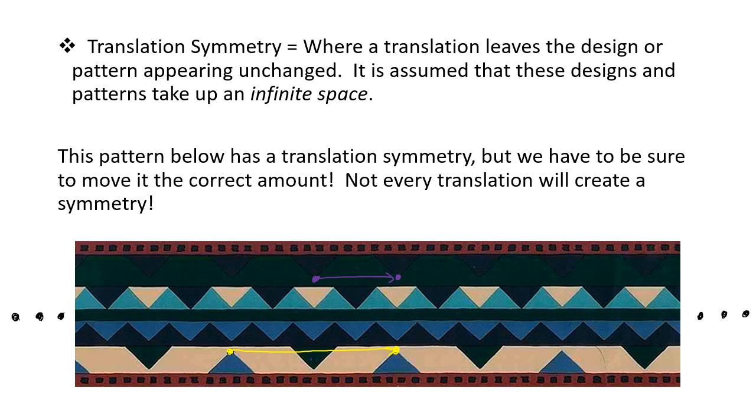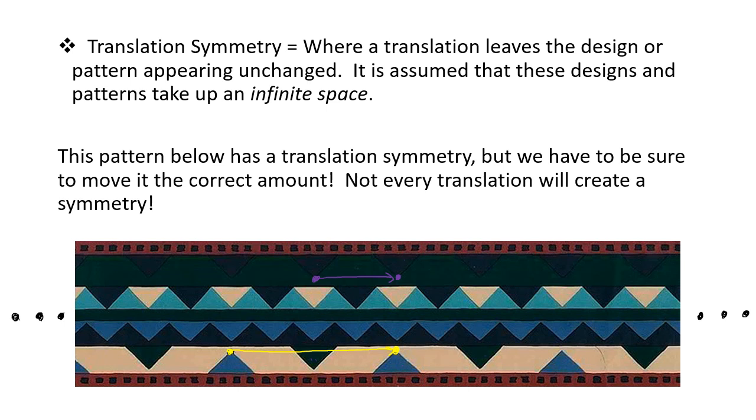And so this black point will move over to here, and this blue point will move over to here. And so now I can tell that it's changed. It looks different. So the vector is hugely important. The way in which we're translating it is going to be really important. It has translation symmetry, but we have to make sure we translate it by the right amount.